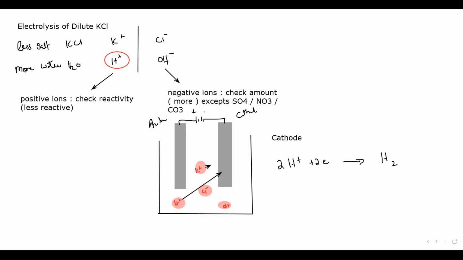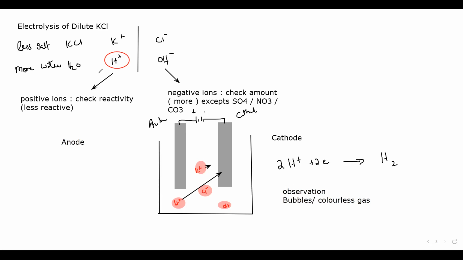What is the observation? The observation will be bubbles or colorless gas. What happened at the anode? For the anode, we check the amount, except the three does not move. So which one is more here?